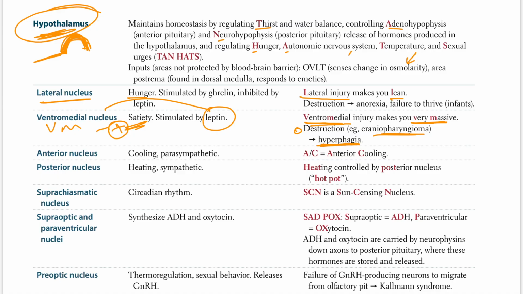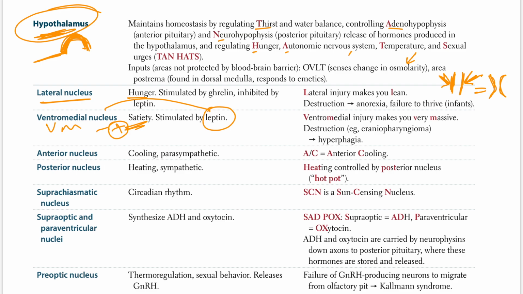One of the things you could look for is, look here, the lateral nucleus. So here's the normal, right? When you have a lateral nucleus injury, this side is lateral, and the middle part is medial, right? So if the lateral is injured, it will cause a lean person.